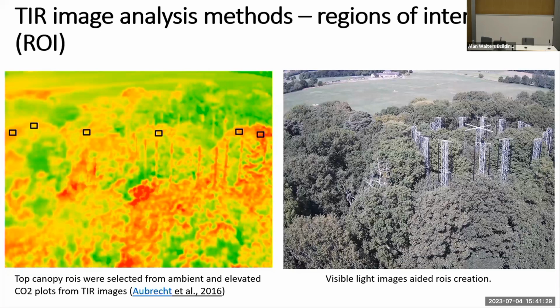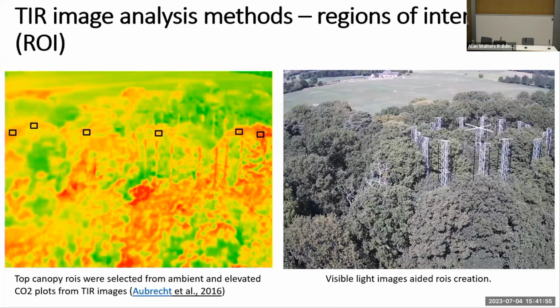These are run in a custom code in R to extract and average the temperature pixels over the whole study period that we are looking at. And we follow steps outlined in Albert et al., who have done extensive work using thermal infrared cameras.